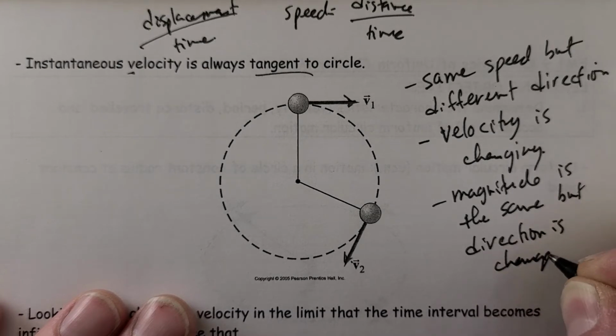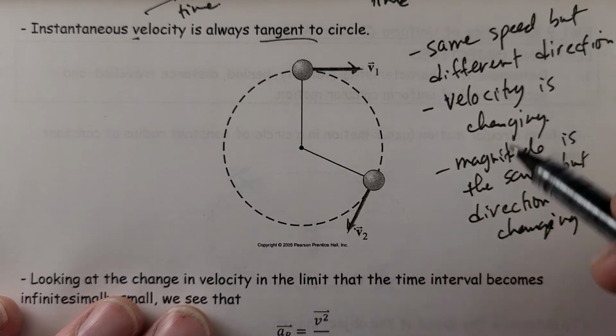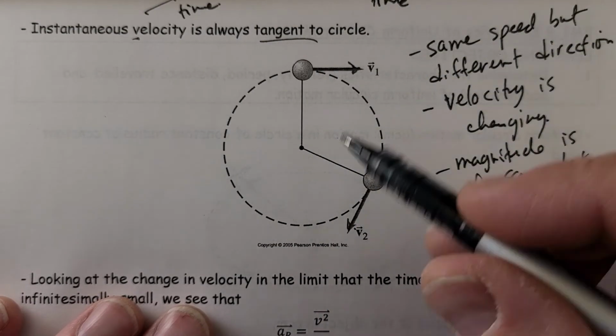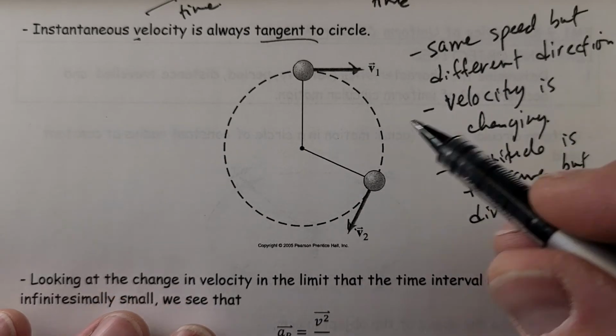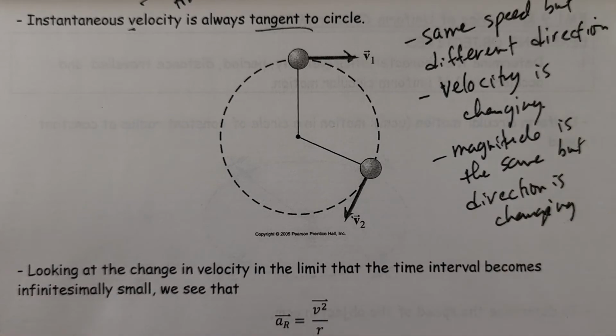It'd be like saying if you're driving in a circle with your car going 20 kilometers per hour, you're staying at 20 kilometers per hour, so the speed is the same, or the magnitude of velocity the same, but the direction is constantly changing. So speed is the same, but velocity is changing.